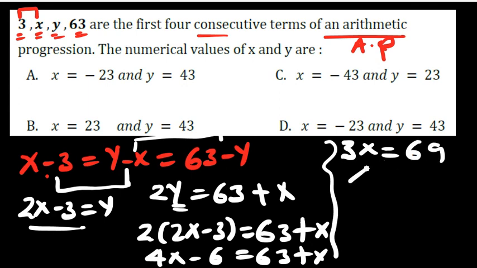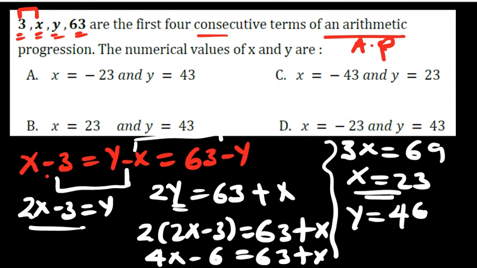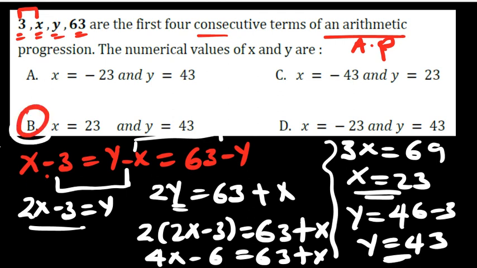So divide by 3, so the x value will be 23. To find the y value, you can substitute 23 here: y is equal to 2 times 23, which is 46, minus 3. So y will be 43. So the answer is found in B. Yes, the answer is B here.